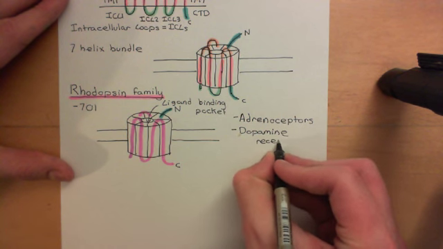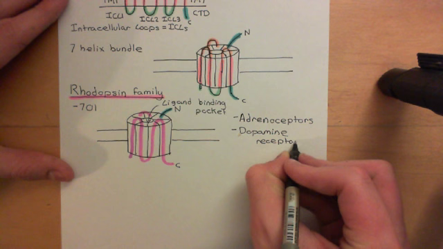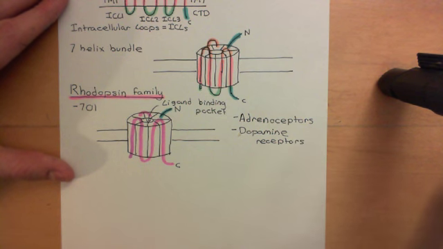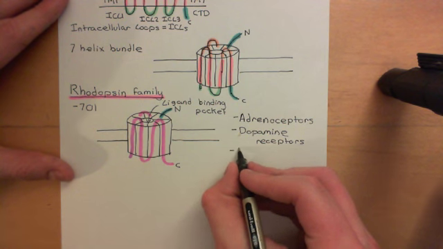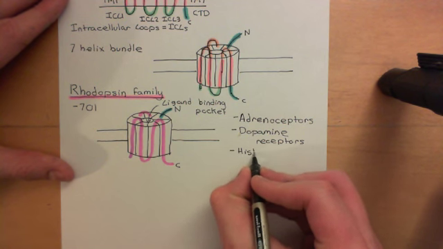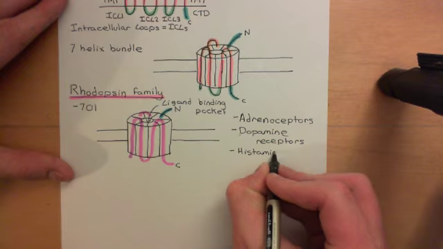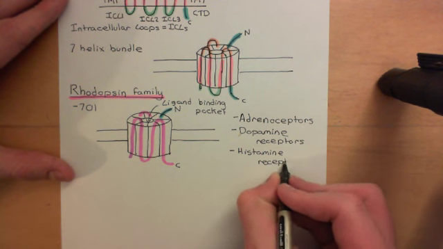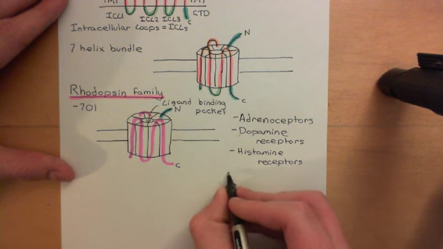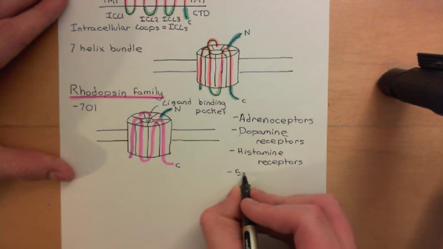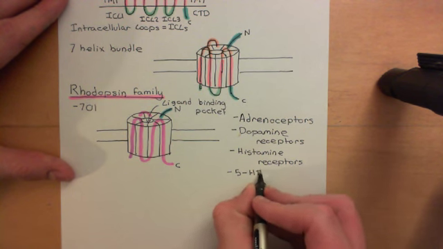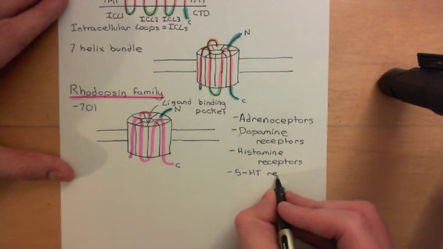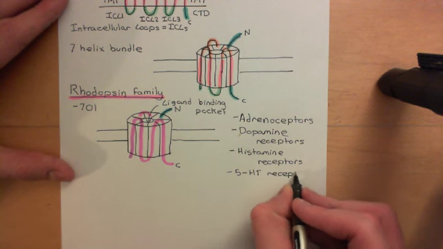Those are all rhodopsin family G protein coupled receptors, and those are evidently very important in the brain. The histamine receptors are again all rhodopsin family G protein coupled receptors. The serotonin receptors, the 5-HT receptors, those that are not cis-loop ligand-gated ion channels, are all rhodopsin family G protein coupled receptors.